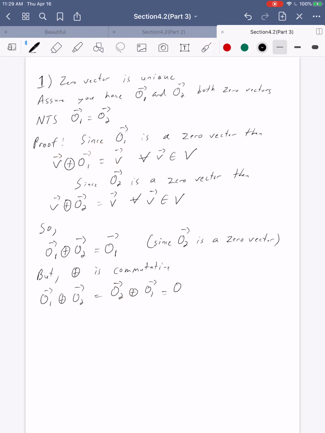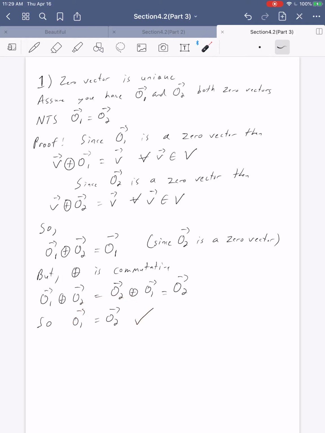So this is equal to 0_2. So what do we have there? We have 0_1 plus 0_2 has to be 0_1, and 0_1 plus 0_2 also has to be 0_2. So 0_1 must be equal to 0_2. Check. That's exactly what we wanted to show. So we've shown that the 0 vector must be unique.